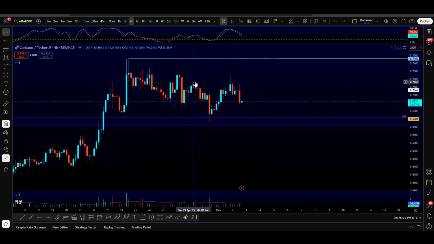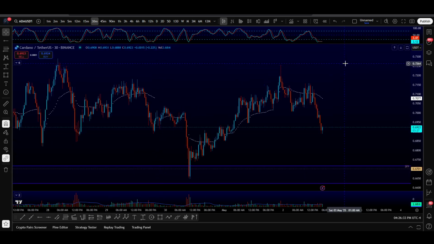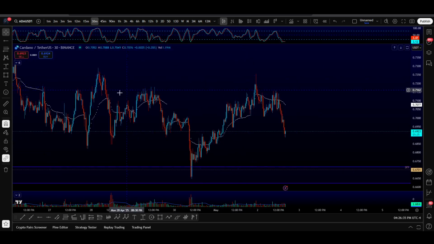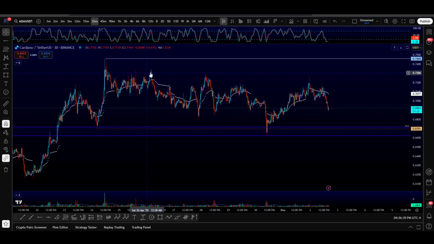Yes, we do have a local higher high, so maybe if we go into these lower time frames here, the 30-minute, right? Because structurally, we have lower high, lower low, lower high, lower low, lower high, lower low. This is your first actual higher high, right? Because we did breach this high.